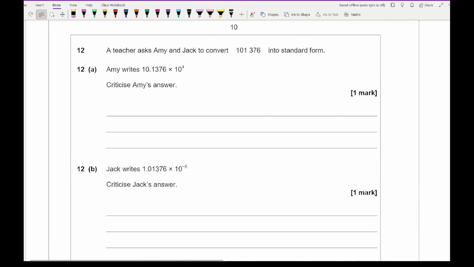Then looking at question 12, it says that a teacher asked Amy and Jack to convert 101,346 into standard form. Amy writes 10.1346 times 10 to the power 4. Criticize Amy's answer.